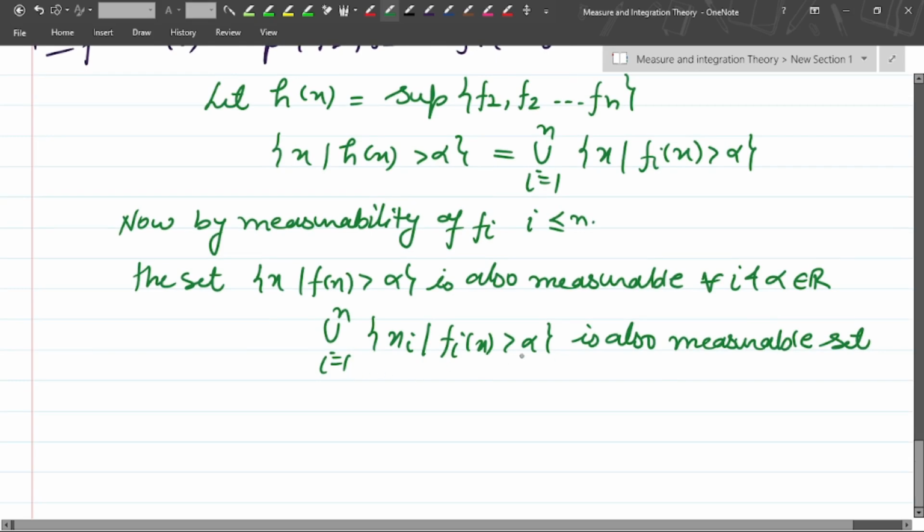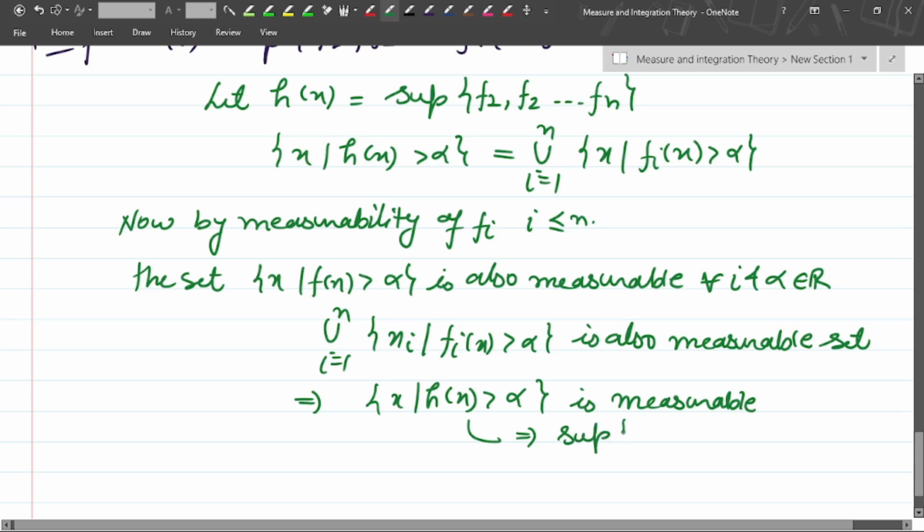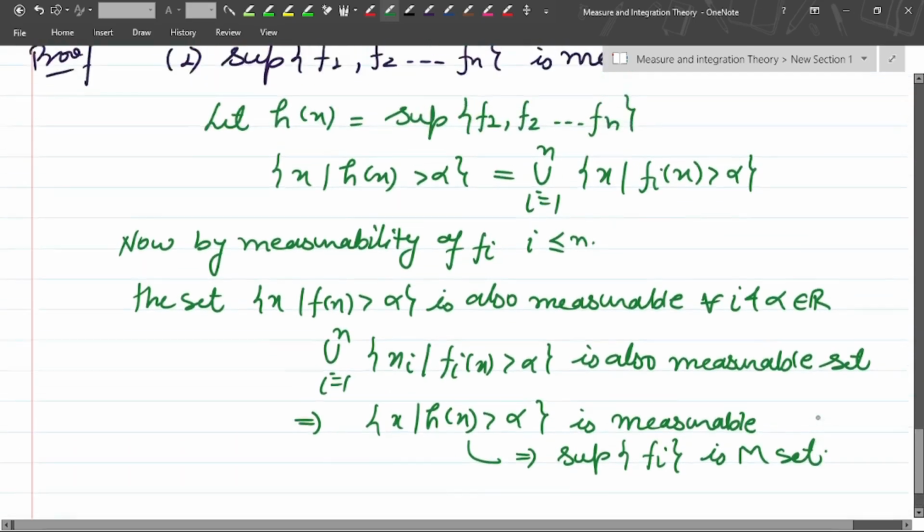Then, since it is a measurable set, the set of x such that h of x is greater than alpha is measurable, and this means the supremum of fi is measurable. Okay, so this is the technique.